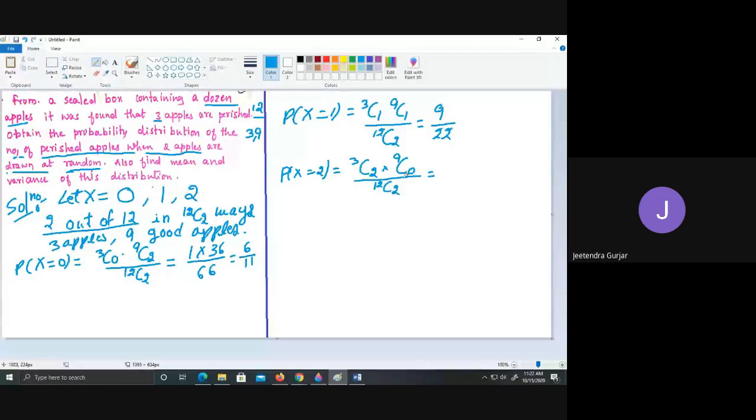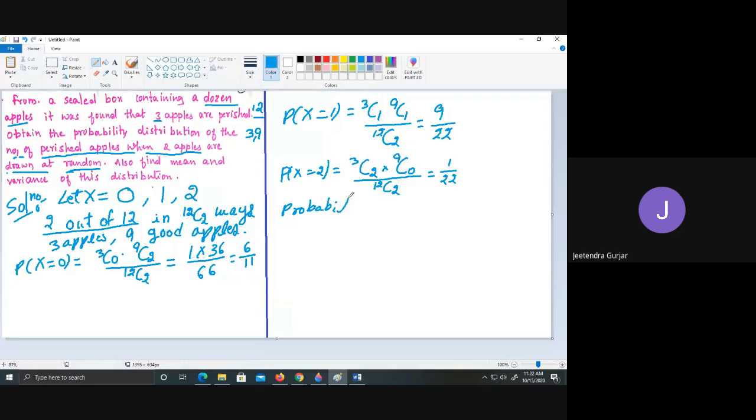So 3C2 is how much? 1. So 3C2 into 9C0 divided by 12C2, I think you may get 1 divided by 22, students. Yes, very good. Now I am going to go for the probability distribution.